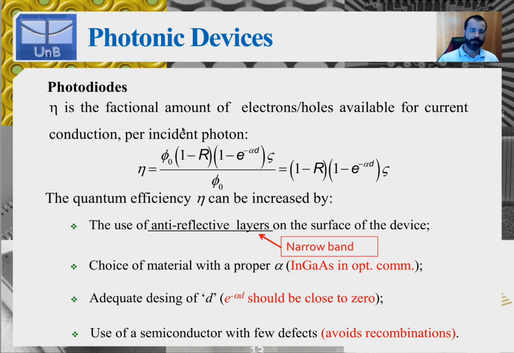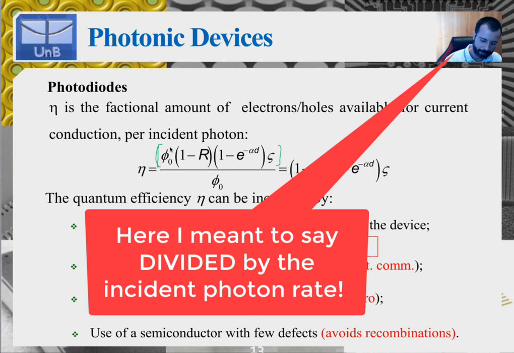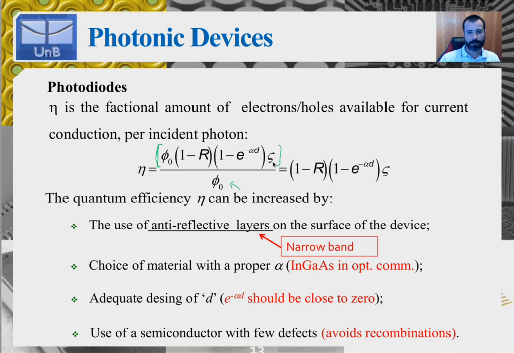So taking all of these factors into account, the quantum efficiency, which is the fractional amount of electrons and holes available for current conduction per incident photon, will be all of these terms in the numerator here multiplied by the incident photon rate, right? So again, what does this mean? These terms in the numerator take into account all of these loss factors in the conversion of the photon rate into a photocurrent.